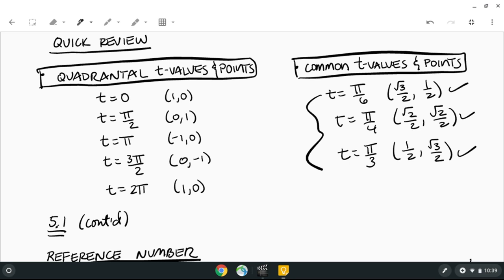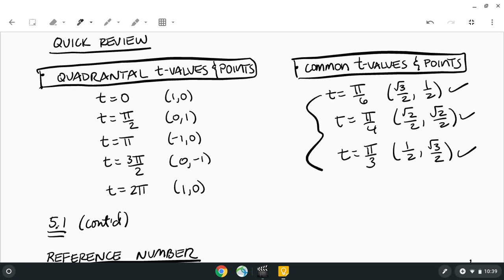That's why it was important for you to memorize this chart, because if your reference number is pi over 6, but you're in quadrant number 3, well, in quadrant number 3, your X value is negative and your Y value is negative. So you would have to say negative square root 3 over 2, negative 1/2.